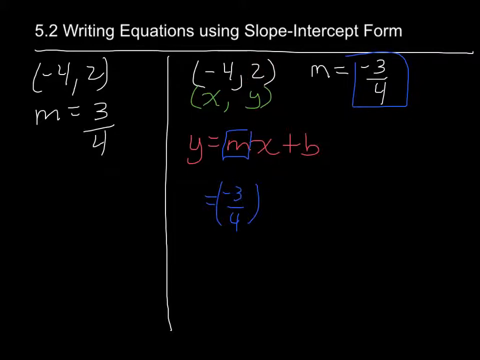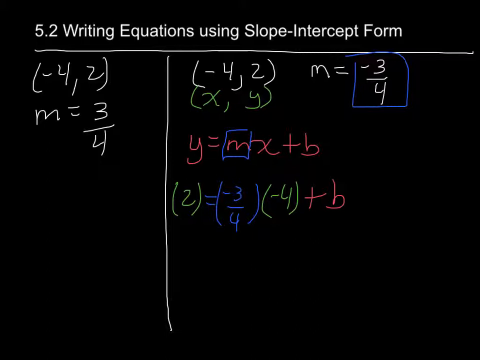Take that y and plug it in for that y. And so when I do that, I get 2, and then I can take this x right here and plug it in for that x right there. And when I do that, I get negative 4, and then all I have left is plus b. Now I have one equation and I have one variable, therefore I can solve this, no problem.